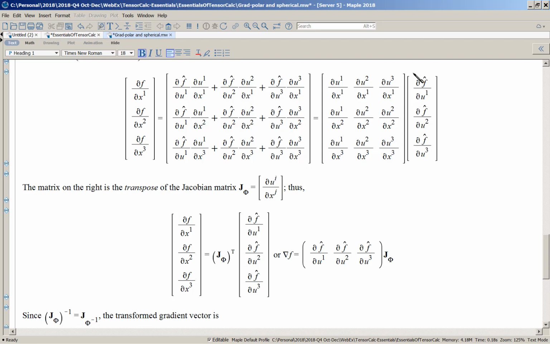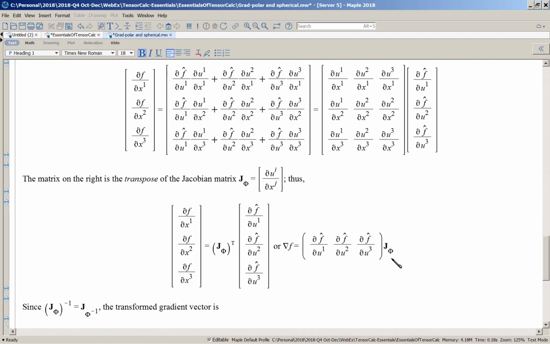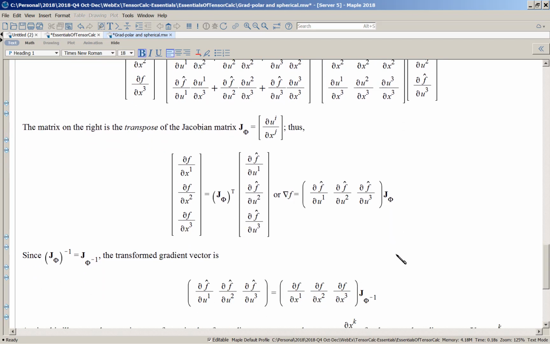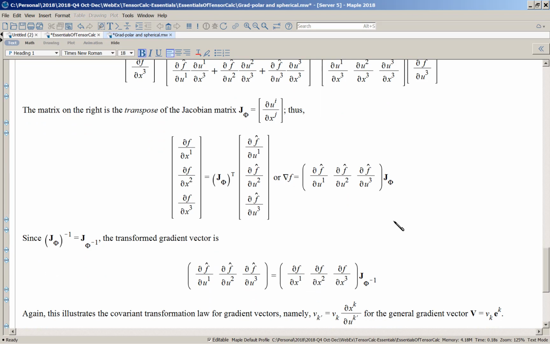This becomes a row vector, and this becomes the Jacobian matrix for the transformation phi. But we would like to know the transformation law for this vector. So let's pull it out, solve for this by multiplying from the left with the inverse of this matrix.